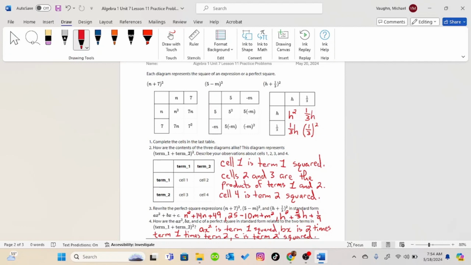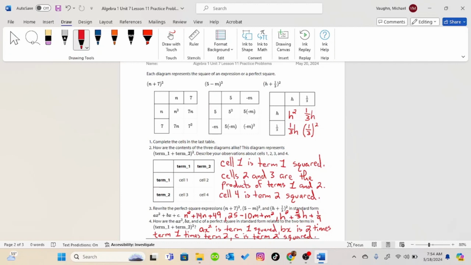But if you remember that a perfect square simply means looking at your term, knowing that you're going to take the first term and square it, then you're going to take term 1 and 2, multiply them together, and multiply that by 2, and it'll be your middle term. And then you're going to take term 2 and square it, and that'll be your last term. You can go straight to the answer without having to use FOIL.